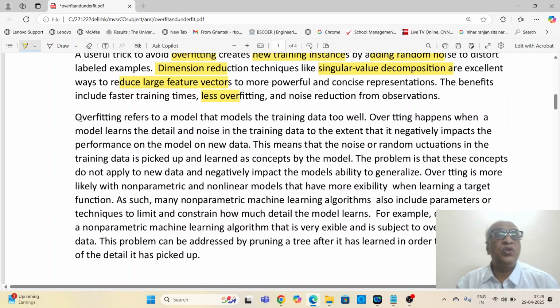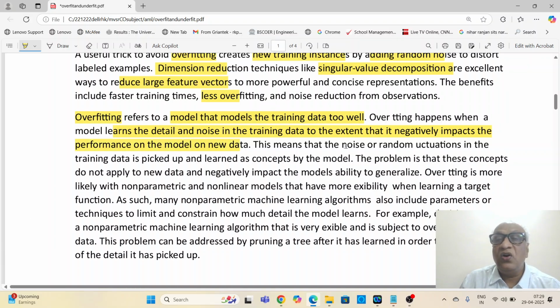Let us go back to the meaning of overfitting again. If a model performs very well on the training data, then overfitting happens. The model learns the detail and the noise in the training data to the extent that it negatively impacts the performance of the model on new data.